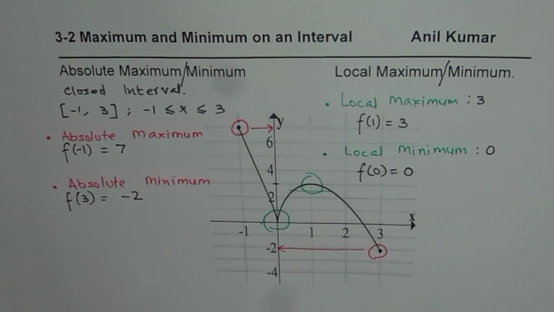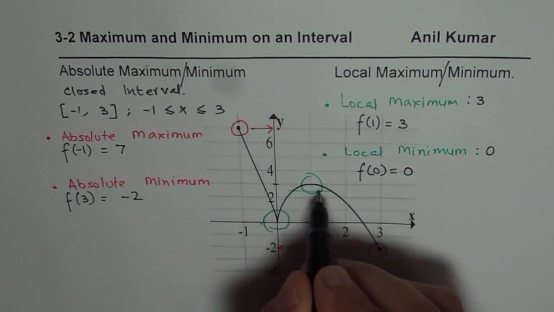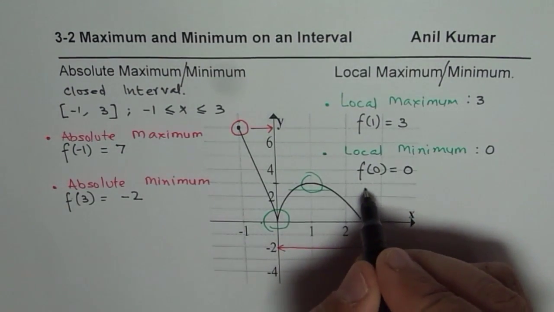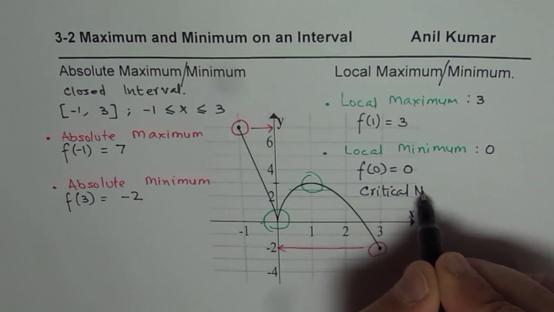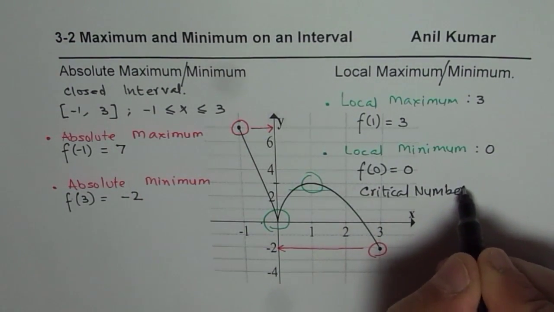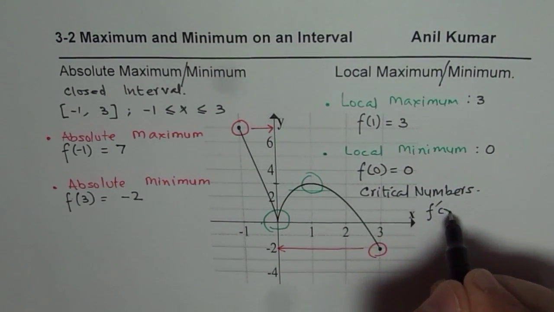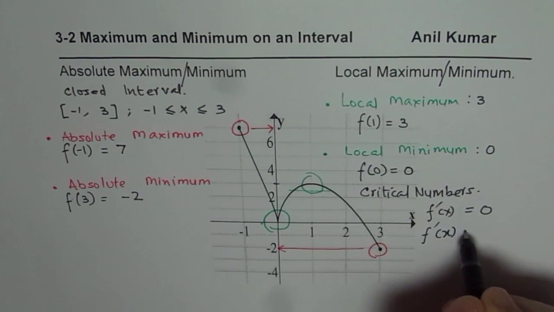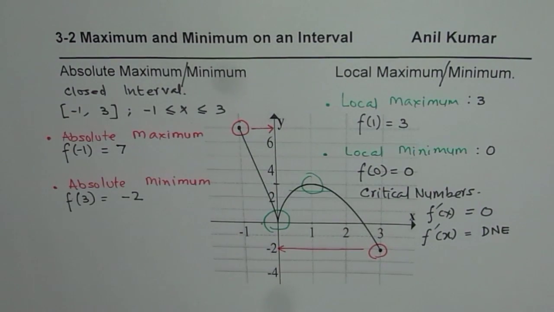Now in terms of derivatives, what you will find is, here these are the turning points. So we also call them critical points. Let me use the term critical points or critical numbers. So critical numbers are the points where the derivative, let's say f dash x, equals 0, or the derivative f dash x does not exist.